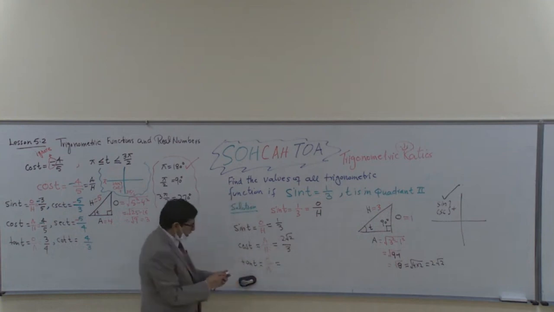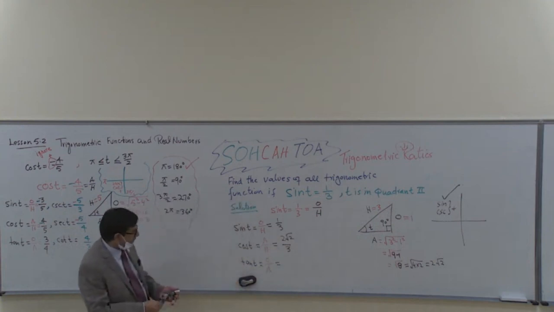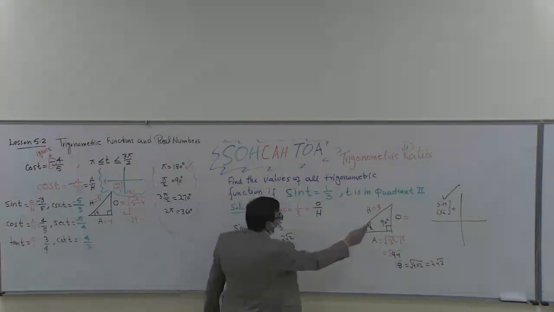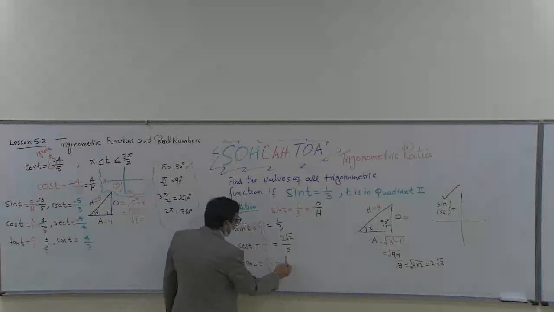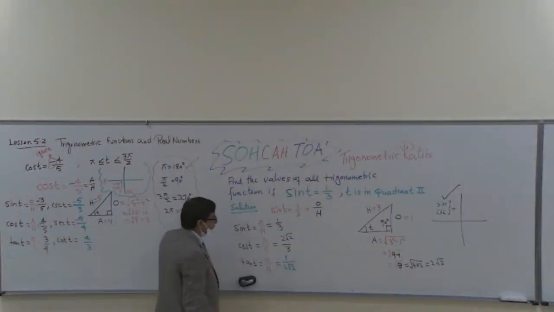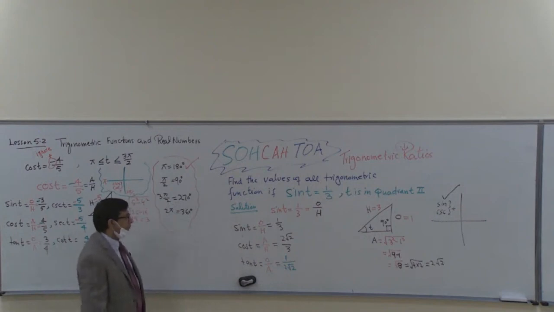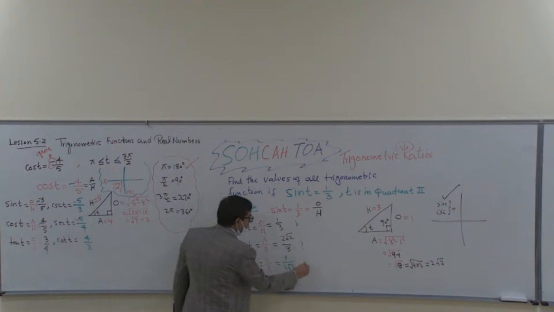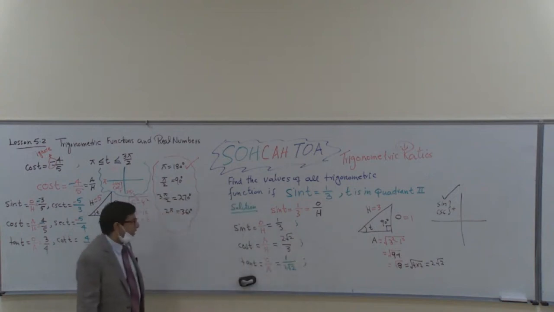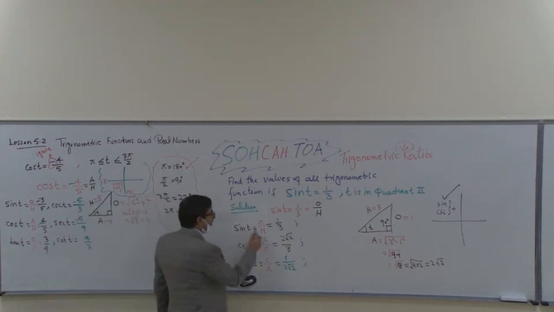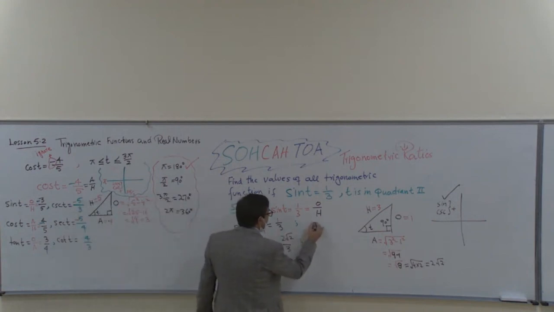Don't put any sign, just apply the formula over there. Tangent is O over A. Where is O? This is A. So 1 over 2 radical 2. Place a semicolon like this. We are separating and writing down their corresponding functions, which are the reciprocal functions of these.